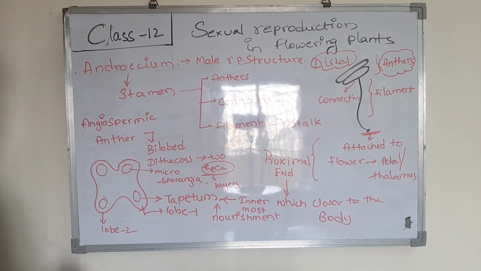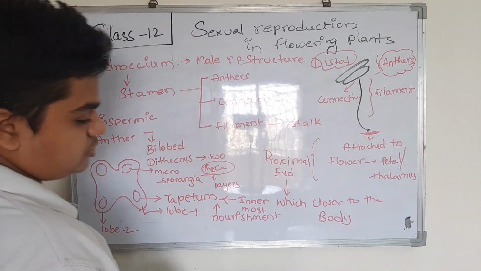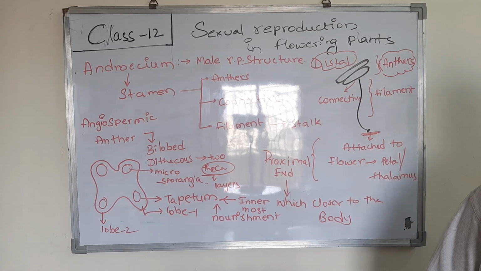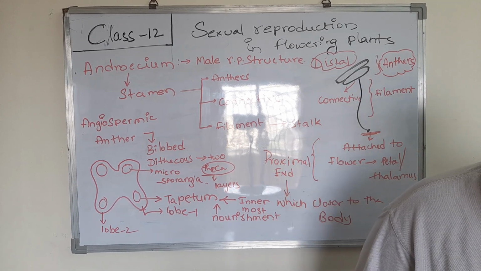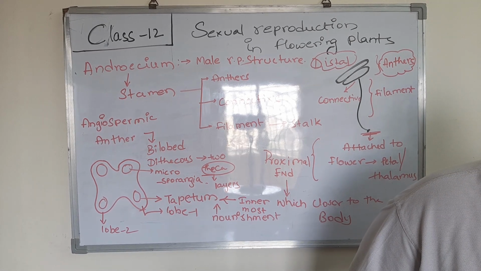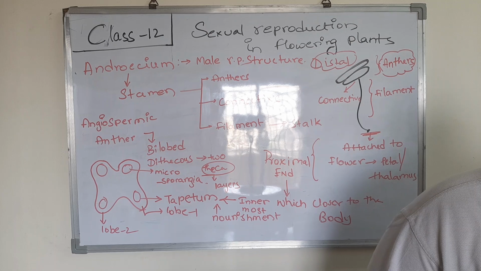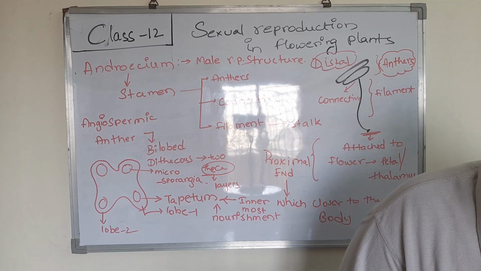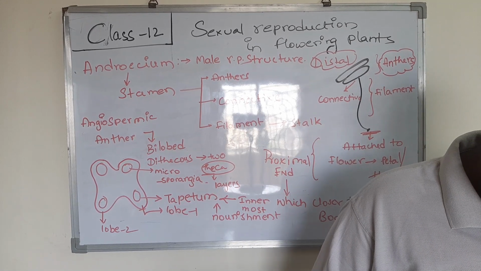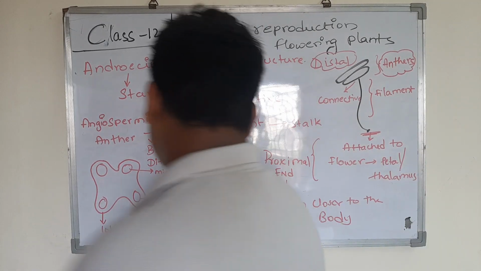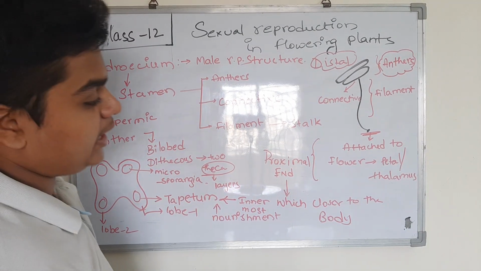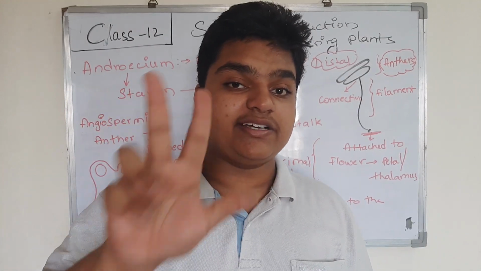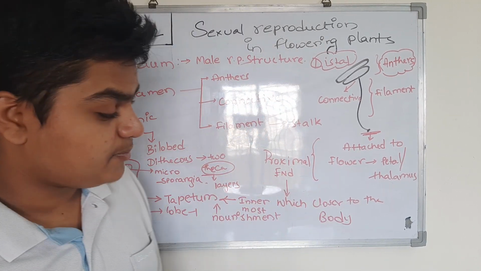Only the 3 layers present above the tapetum, which you generally call epidermis, endothecium, and middle layers, help in dehiscence and protection of the anther.